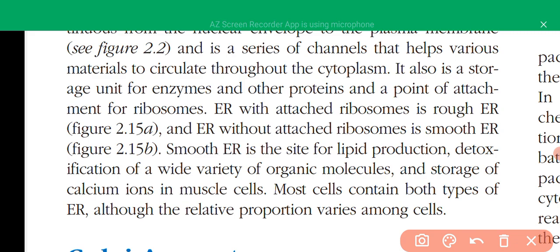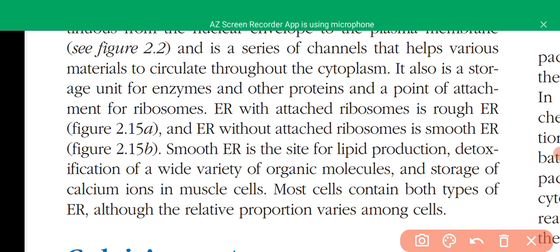Endoplasmic reticulum is of two types: endoplasmic reticulum with attached ribosomes is called rough endoplasmic reticulum, and endoplasmic reticulum without ribosomes is called smooth endoplasmic reticulum. You know that ribosomes form protein, so proteins are formed on rough endoplasmic reticulum, and not on smooth. The main functions of smooth endoplasmic reticulum are lipid production and detoxification of a wide variety of organic molecules.